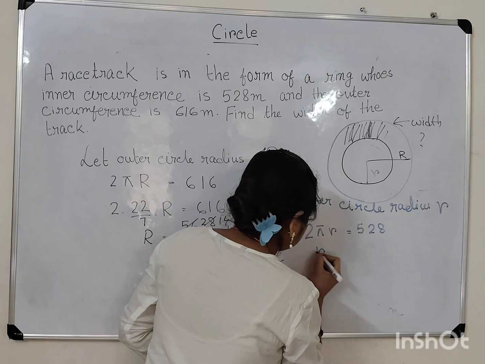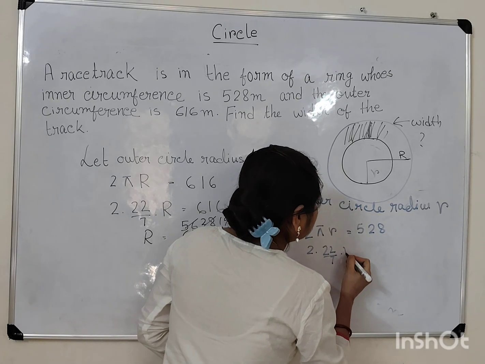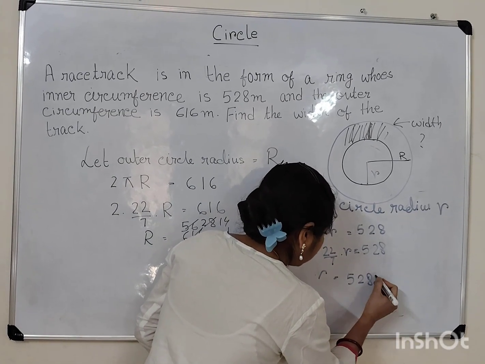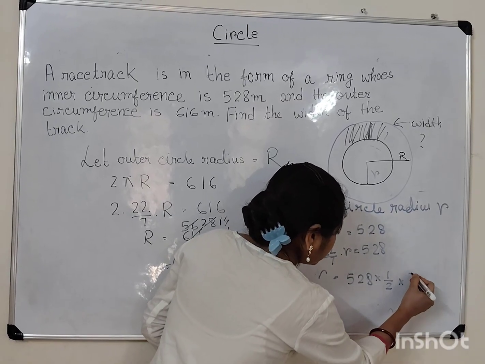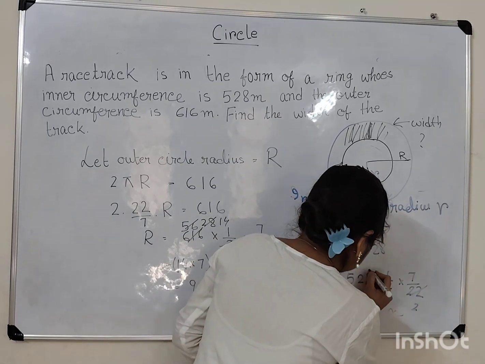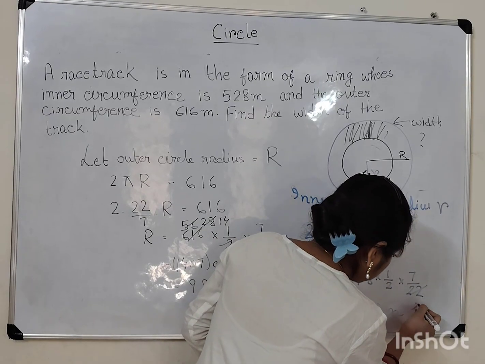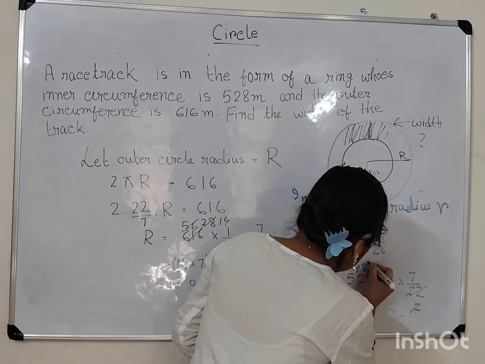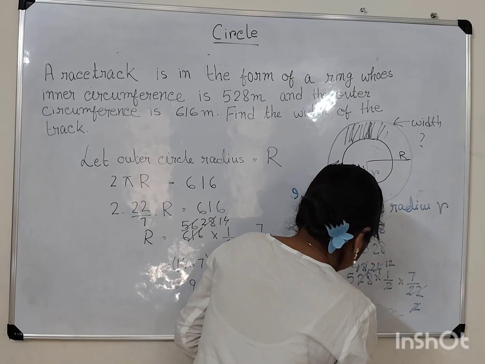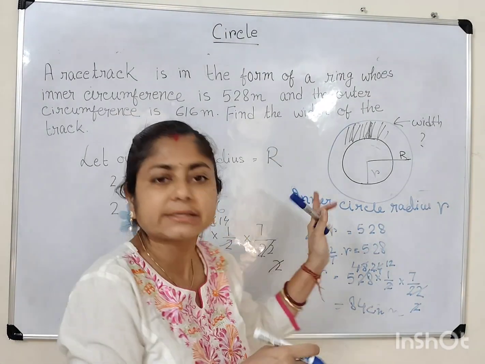Now you just solve it. 22 by 7 into r equal to 528 into 1 by 2 into 7 by 22. You calculate it. Centimeter.